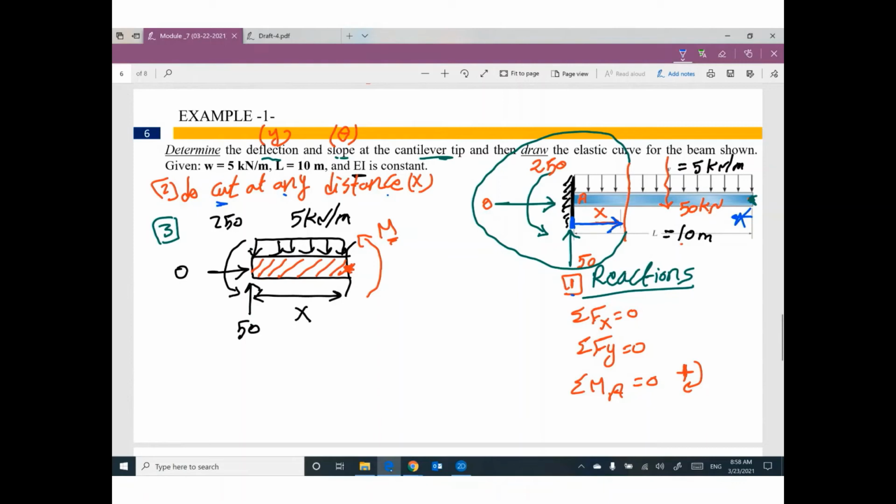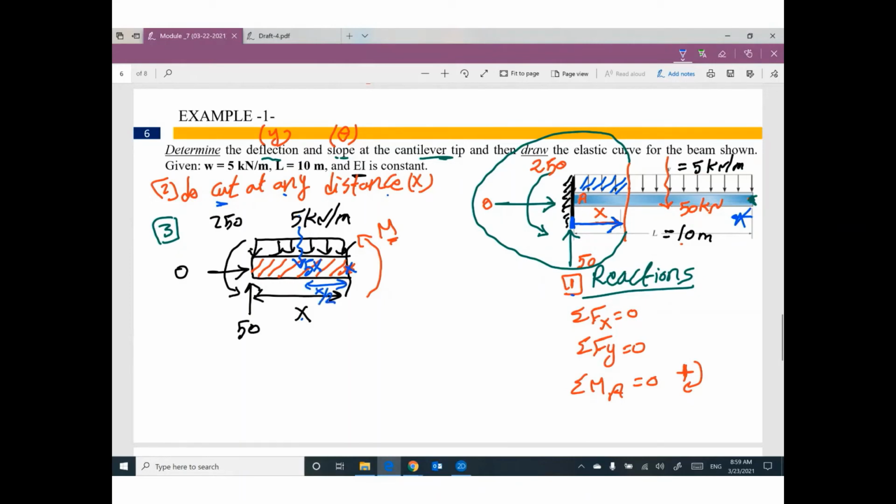Then do your cut, use the left part, put your reaction, the part of the distributed load, this part, and at your cut, we have moment. By the way, this equivalent force will be 5 times x. So we have 5x, and this little distance will be x divided by 2.